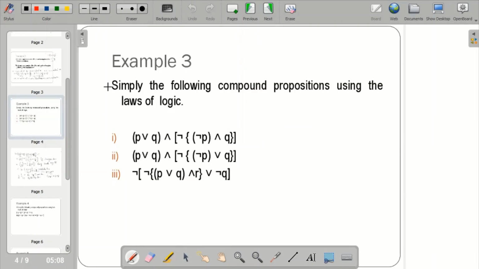So we had solved the first problem. Next problem is regarding P or Q and negation of P or Q. So let us solve this particular problem, again using the same laws of logic.